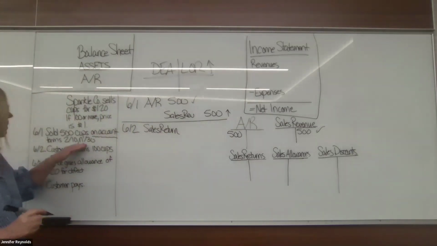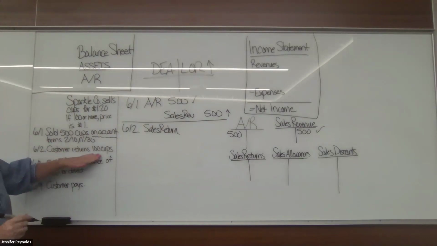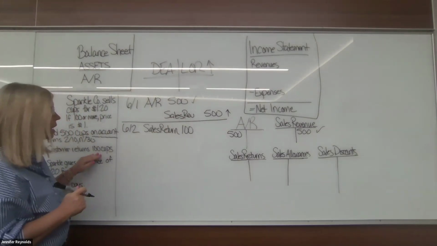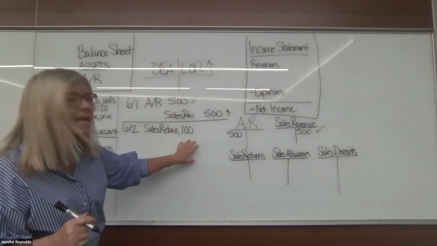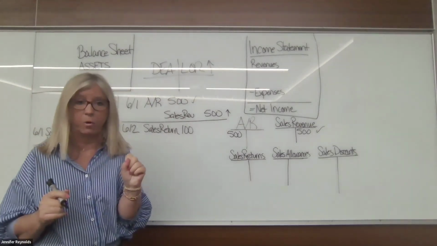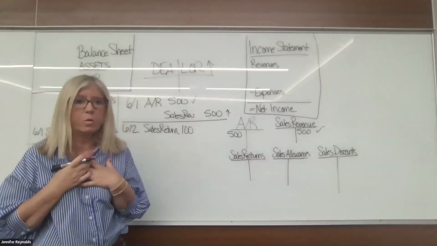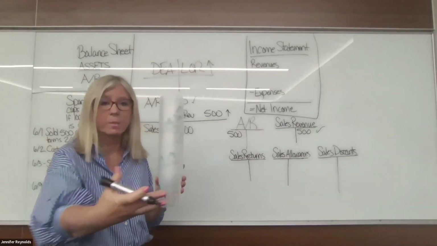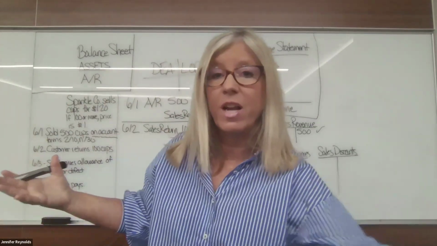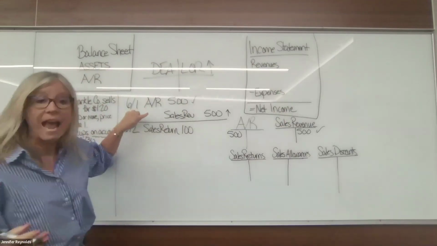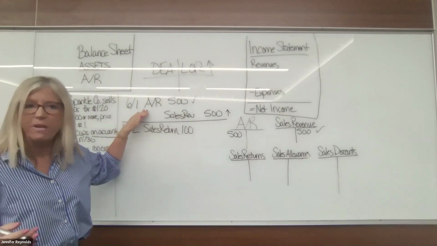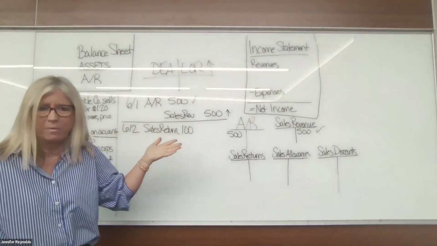How much would that be? It was 100 of the cups, so $100, because they bought them for $1 a cup. What is the credit that Sparkle is going to record? Picture you own a store and a customer brings some cups back. What do I hand the customer? It depends on how they paid. If they paid cash, I give the cash back. But these people haven't paid me yet, so I'm not going to give them cash back.